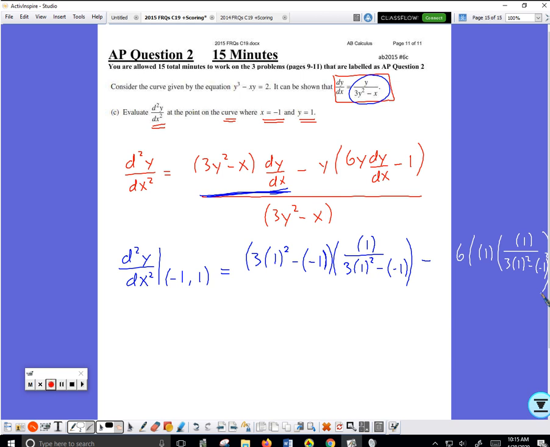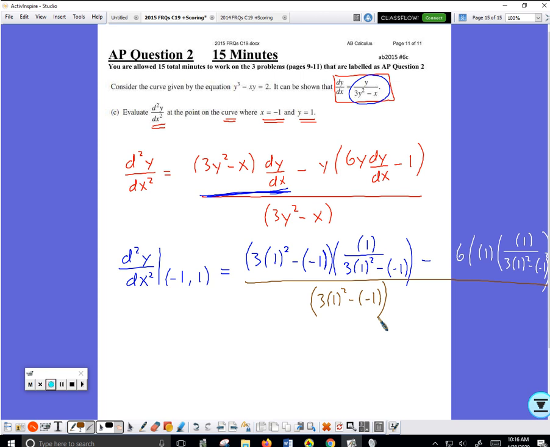I totally ran out of room. Going to have to rewrite this so you can make sense of it. But the point is, you can just write it all out, and no simplification is required. You have one big long bar, you'd have 3, and then 1 squared minus -1. And they will give you full credit for that.